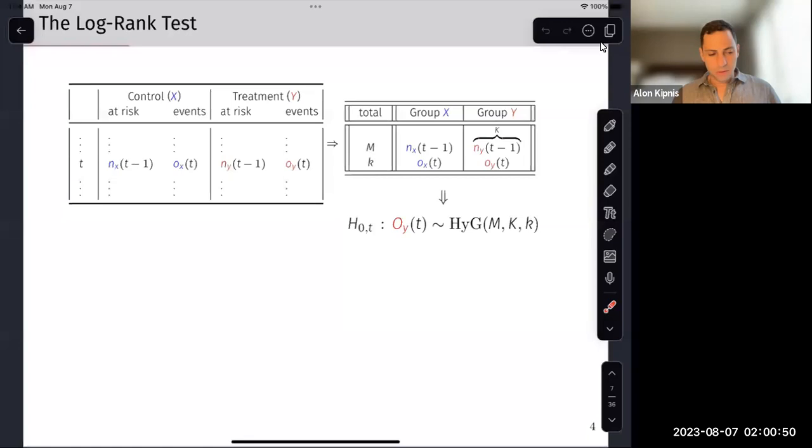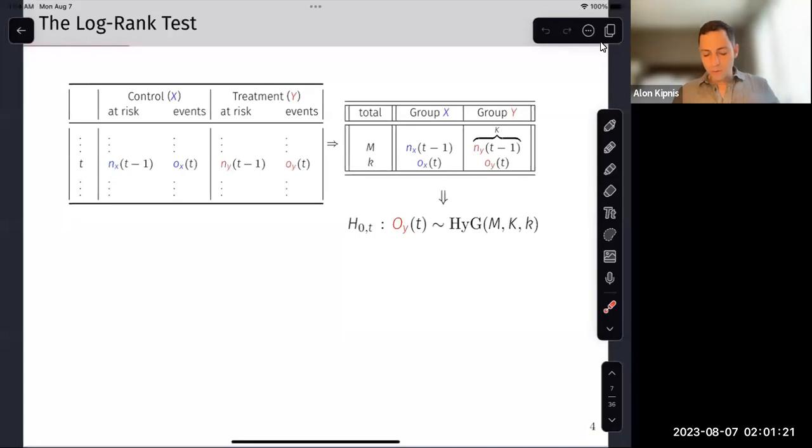Now, if the risk of both groups is equal in that time interval, then the event is likely to occur in either group. We only need to factor in the size of the groups. Here, the size of group Y will be denoted by capital K, and what we'll do is sample from a population of M items, where the ones colored in red are K, and we sample altogether lowercase k times.